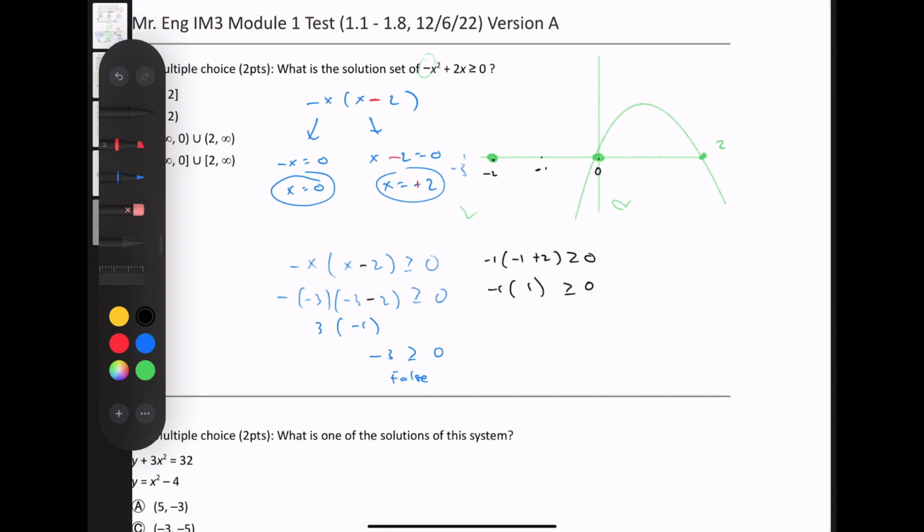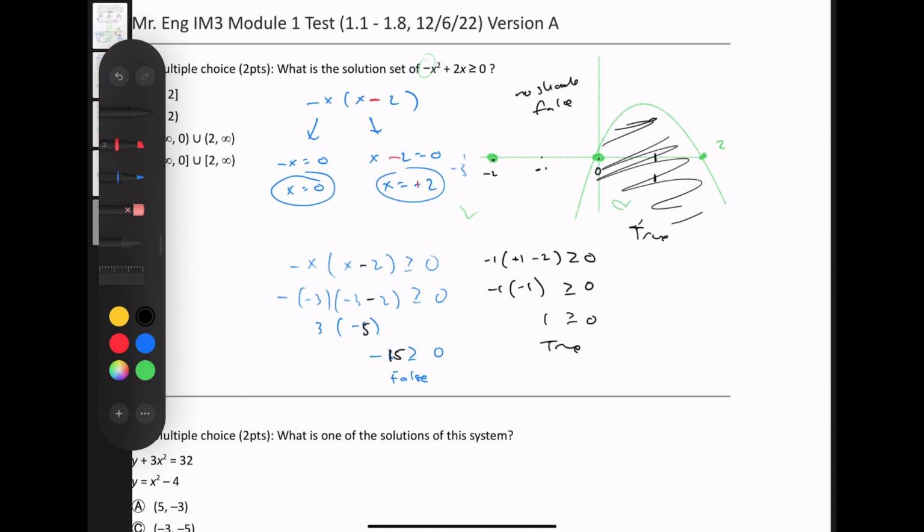This would give me -15, so that's still false. Let's test now +1 inside here. So 1 minus 2 would give you -1, 1 greater than or equal to 0. This would be true. So this region is true, which means you shade it. This is no shade because this is false over here.